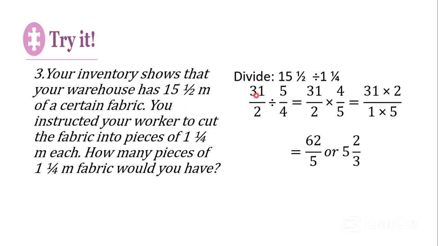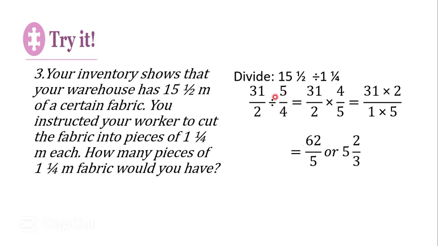So since puro man na sa mixed number no, we need to convert it to improper fraction. 2 times 15 is 30 plus 1 is 31 over 2. Divided by 4 times 1 is 4 plus 1 is 5 over 4.